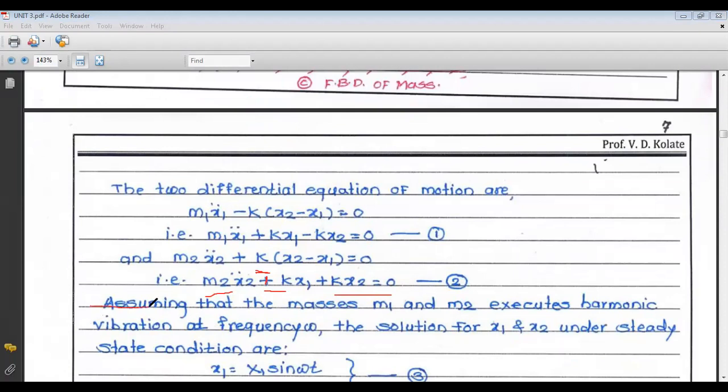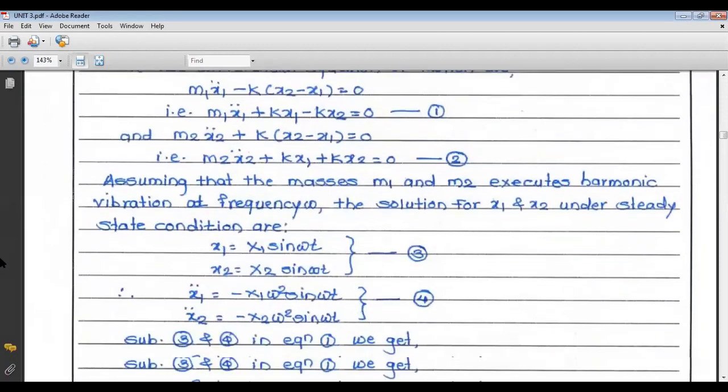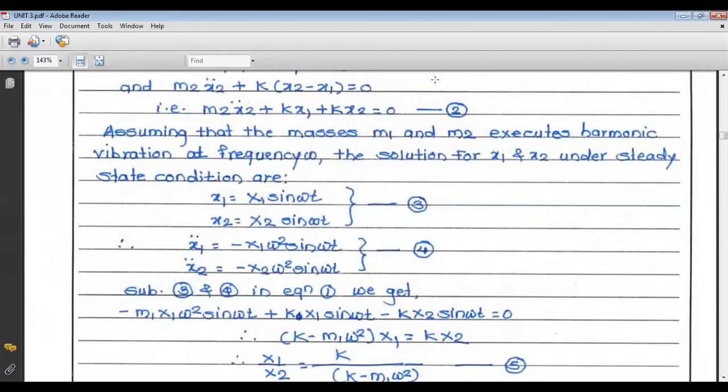Now, assuming that the masses m1 and m2 execute harmonic motion at a frequency of omega, the solutions x1 and x2 under steady state condition are given by x1 is equal to capital X1 sine of omega t and x2 is equal to capital X2 sine of omega t.